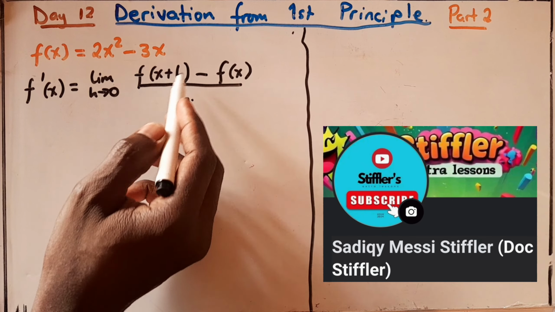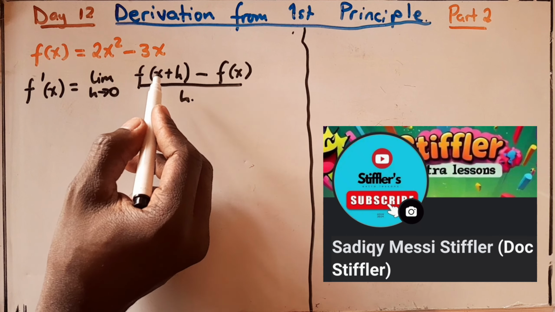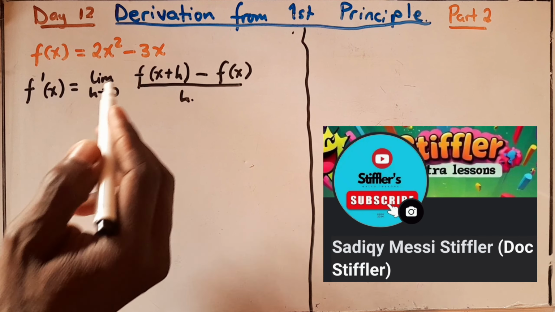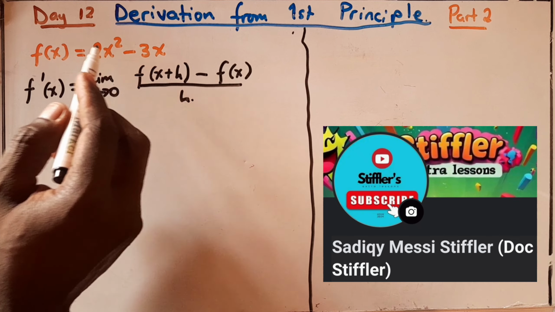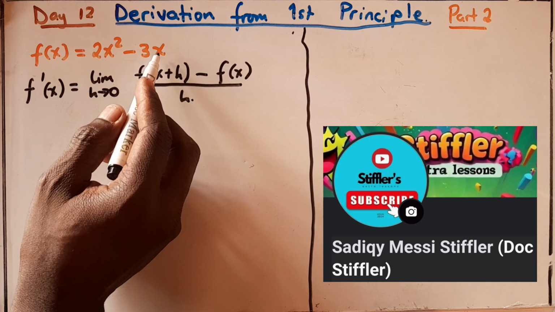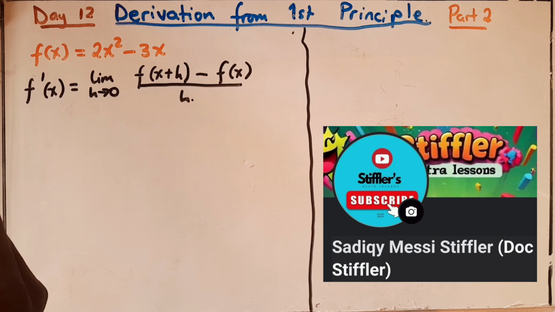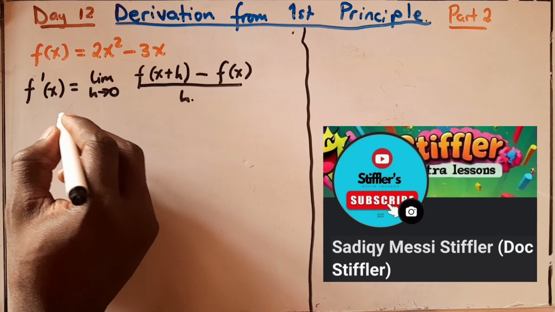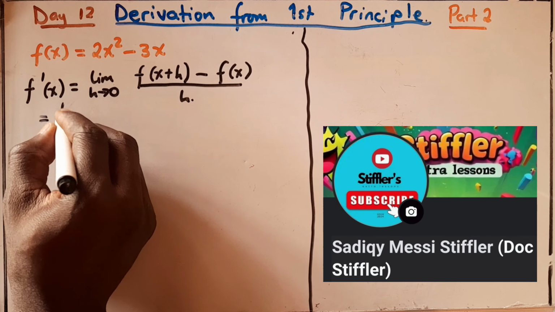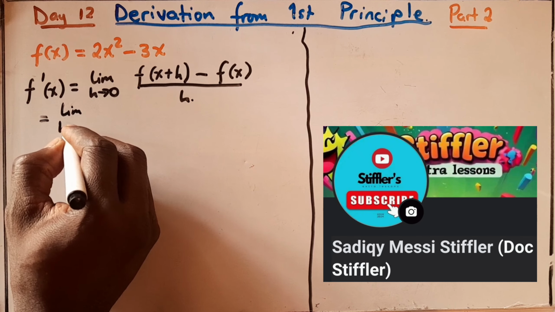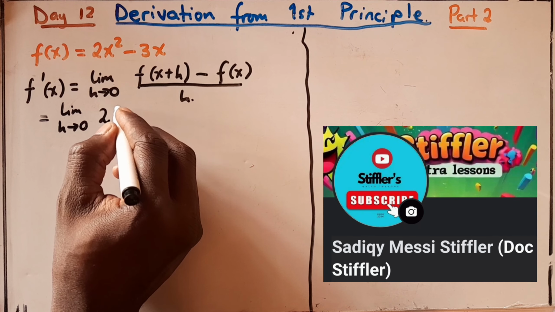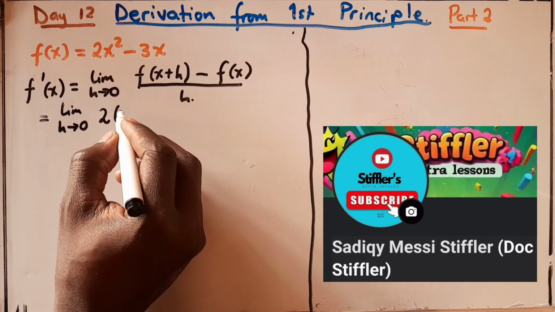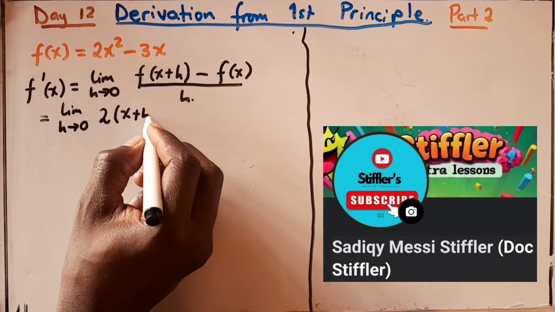So this is representing this function, but wherever there's x, we are going to place x plus h. So we can see here there's x, we are going to place x plus h, and also here there's x, we are going to place x plus h. So this becomes the limit when h tends to 0 of 2, and then there's x, so we're going to place x plus h.